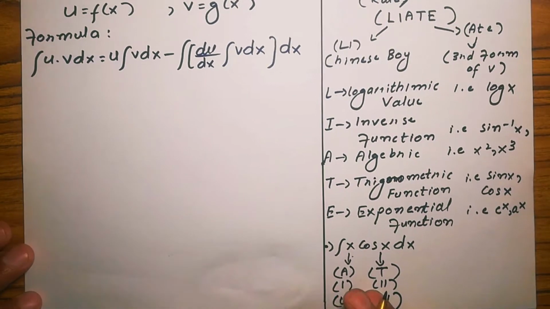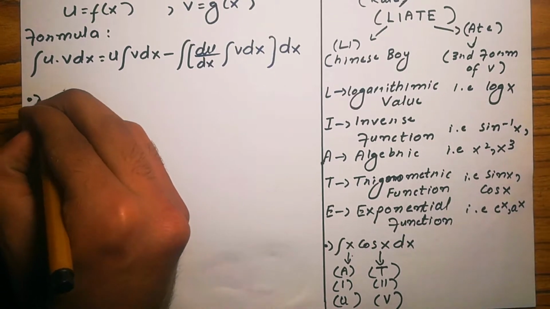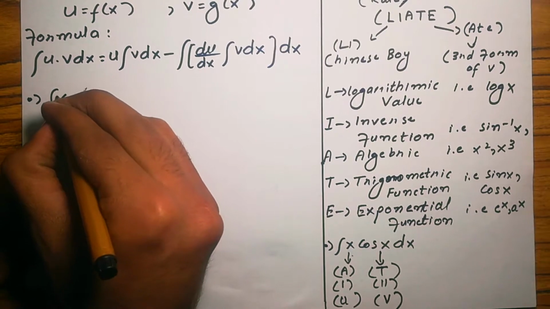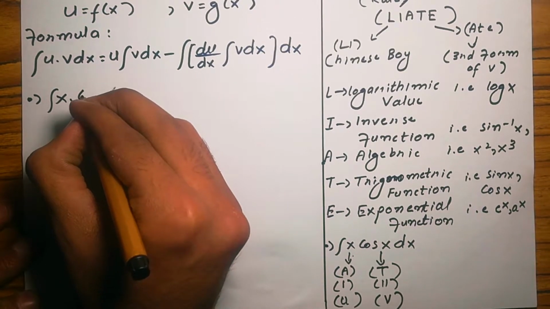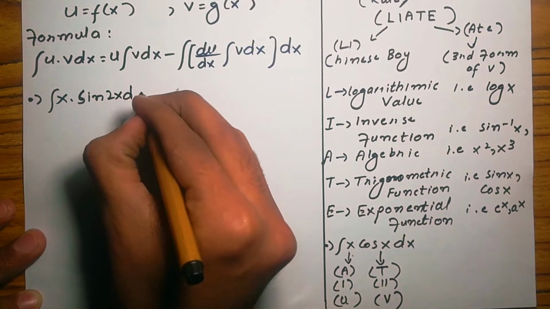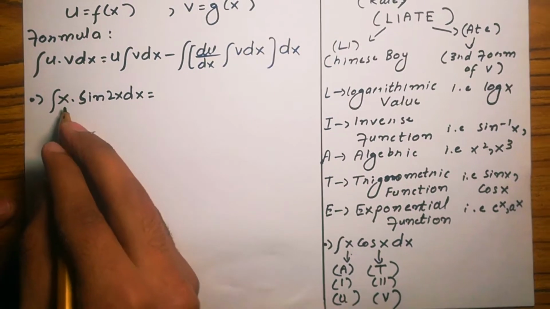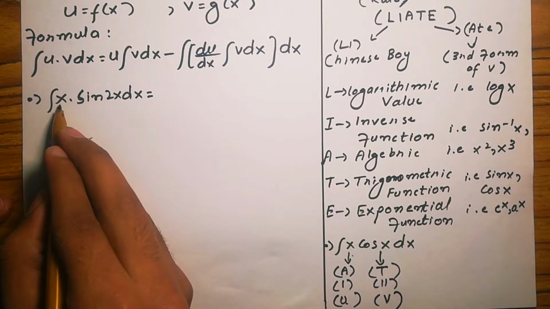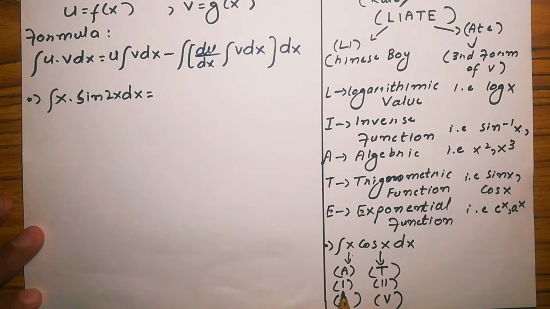Let's have an example. Here I'm going to write an example that we will discuss. Suppose we have x sin 2x dx. Here we can see clearly that it is trigonometric and it is algebraic, and algebraic will be the first one and trigonometric will be the second one.